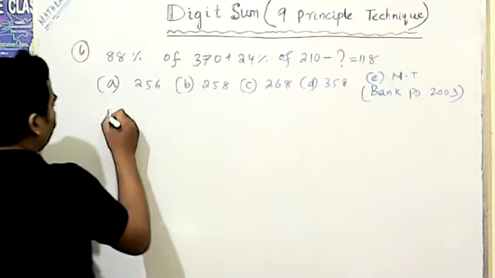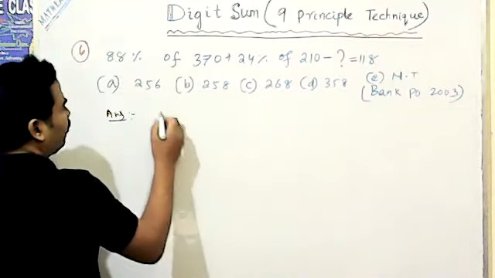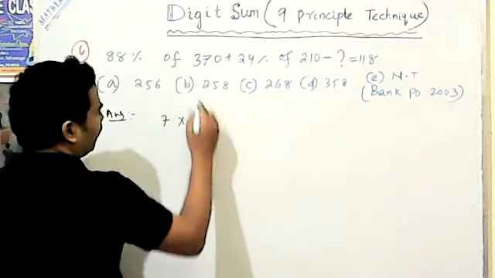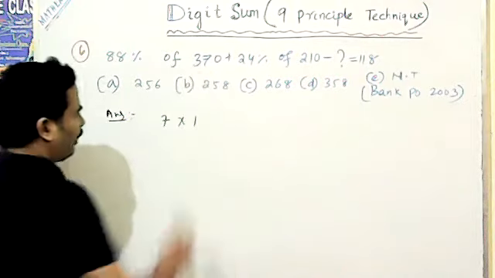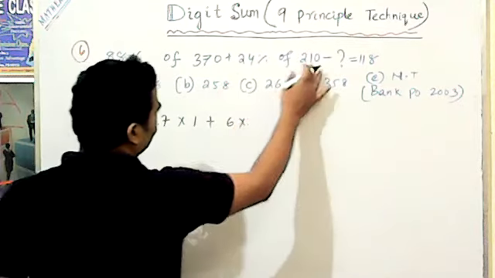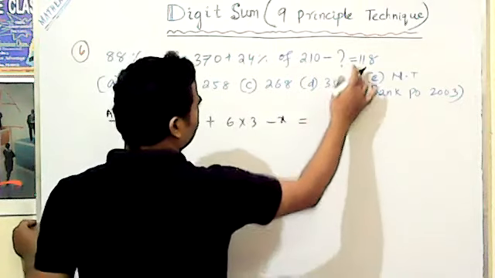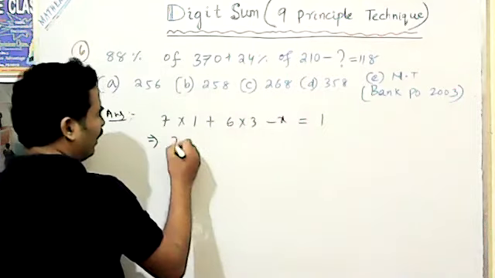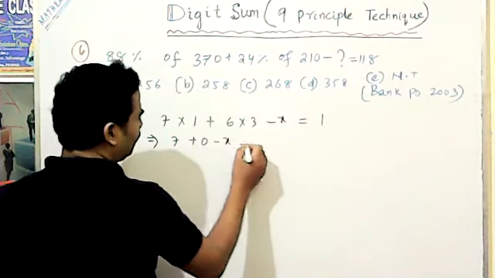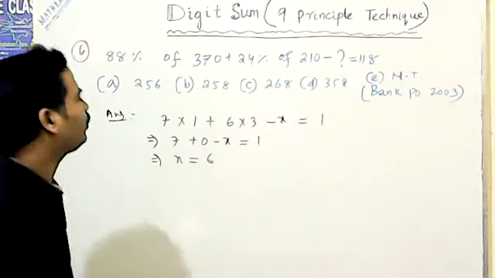You can apply the digit sum or nine principle method. 88 gives 16, which is 7; multiplication gives 7, so 1. Similarly 24 gives 6 and 210 gives 3, so 0 and 3 and so on. 18 means 0, so 0 minus x equals 1, so x is equal to 6.